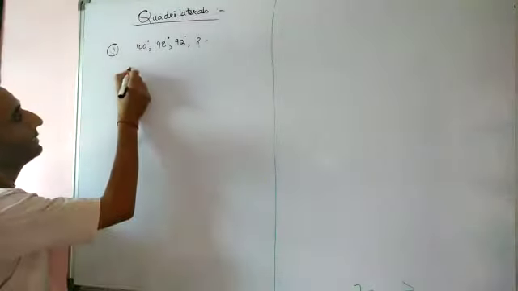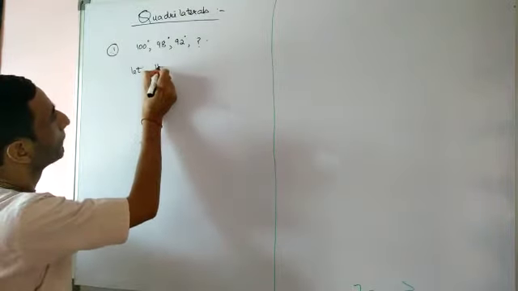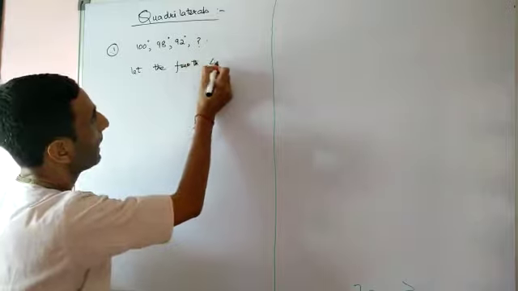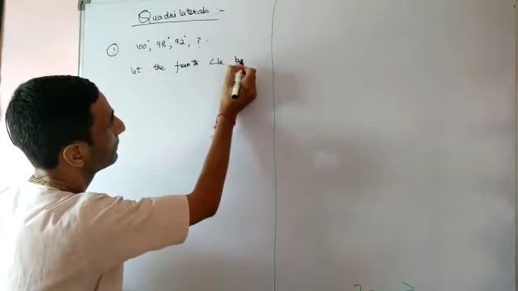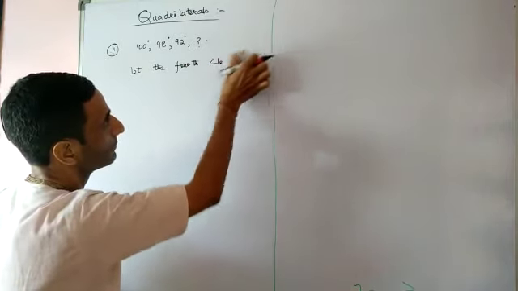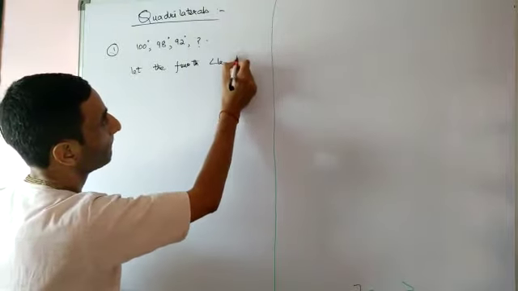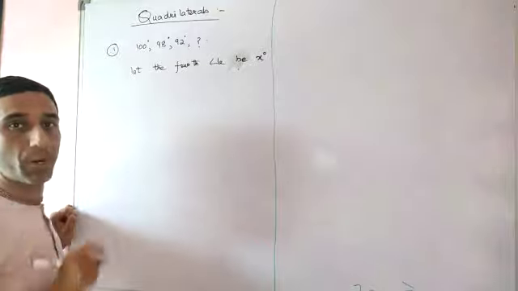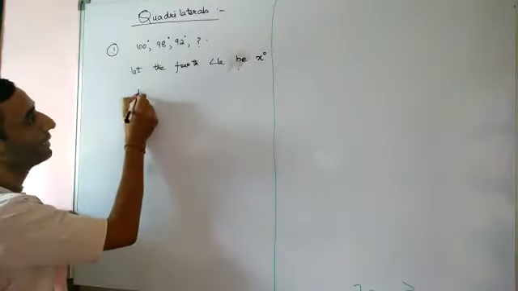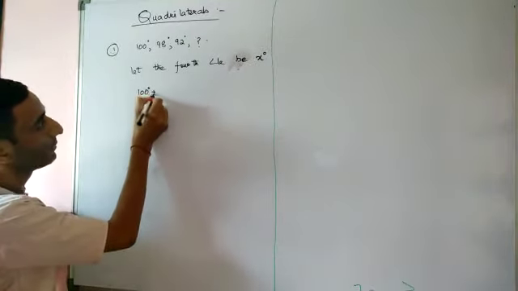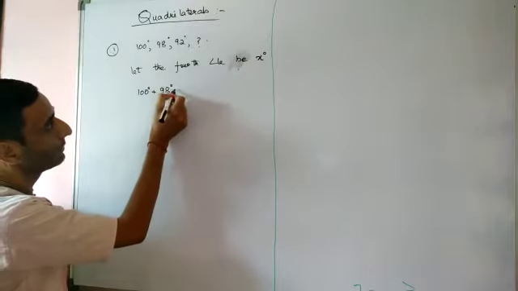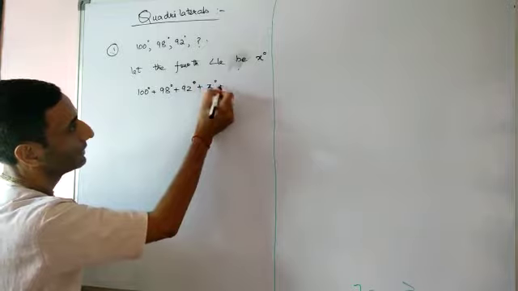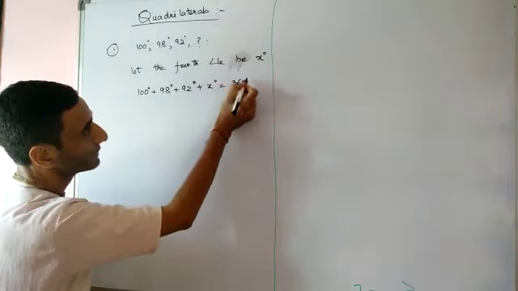Let the fourth angle be x degrees. So using the angle sum property, we have 100 degrees plus 98 degrees plus 92 degrees plus x degrees is equal to 360 degrees.